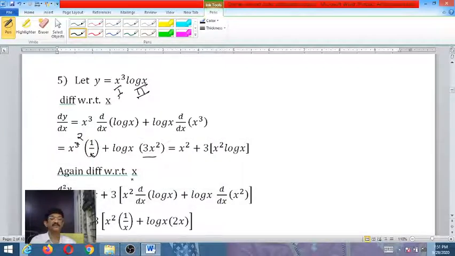Again differentiate with respect to x. You look at this, x square derivative is 2x. 3 is a constant, keep as it is. To differentiate this, x square is first function, again log x is second function. After 3 you have to put one big square bracket here. First is x square into derivative of second, log x, plus log x into derivative of x square.